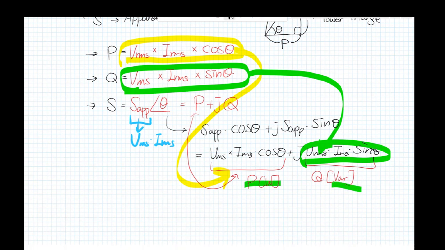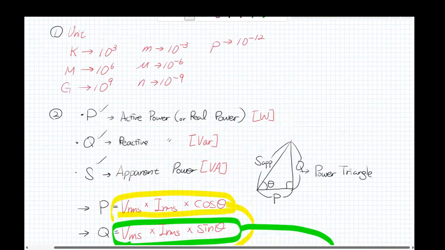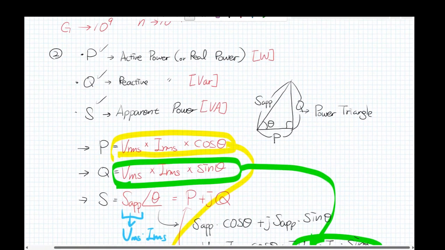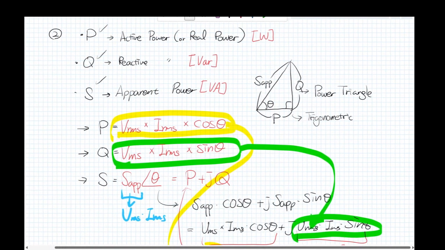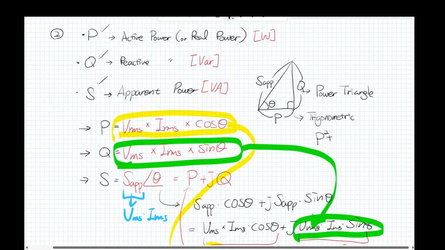All right. So go back to the power triangle formula here. So from this one, the trigonometric, we can say P square plus Q square is S sub APP square.